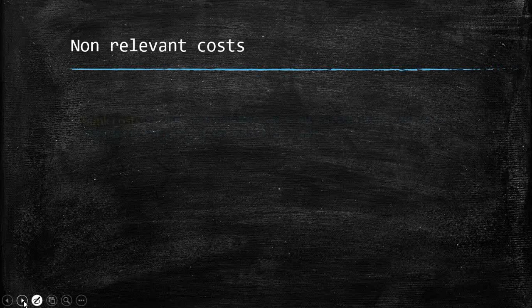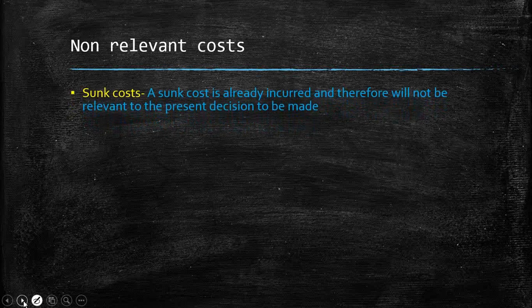So then what we look at is what is called non-relevant cost. If the relevant cost is the incremental cost, non-relevant cost is simply the cost that is not changed by the decision. So it's already a sunk cost, right? So that's a non-relevant cost. It is already incurred. So whether you make the decision to produce or not, it doesn't matter.